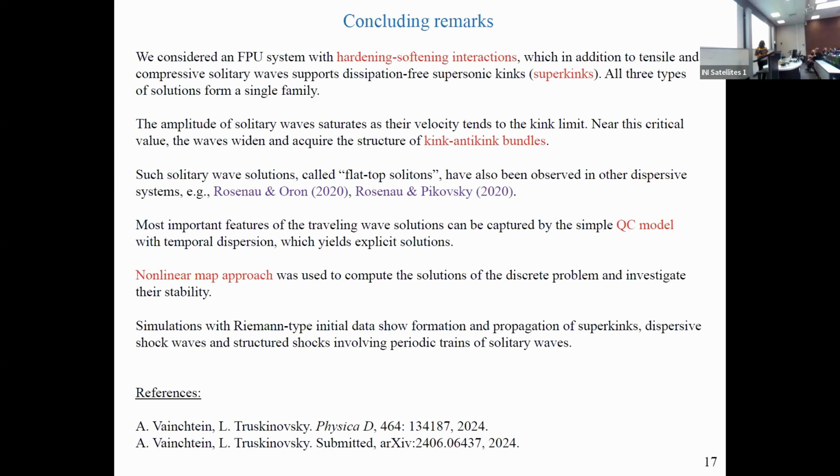Of course, this type of solution has been seen before in other contexts, for example in MHD, but also in the recent work of Rosenau and collaborators, Gardner equation, things like that. As far as I know, they have not been seen before until recently in the context of FPU.